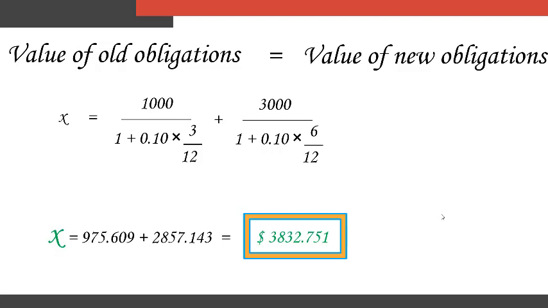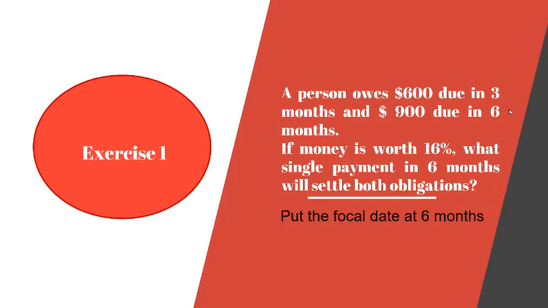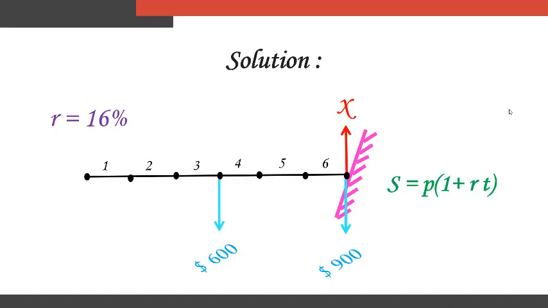Let's take a quick revision of these problems again. The first exercise: look at the timeline. The focal date lies after the maturity dates. In this case, the amount of old obligations equals the amount of new obligations.